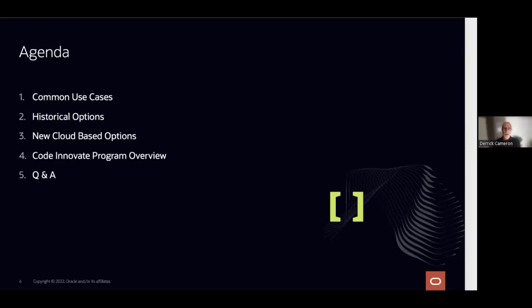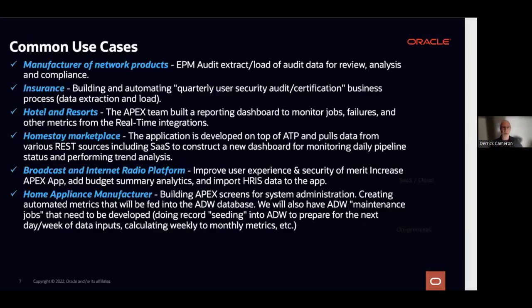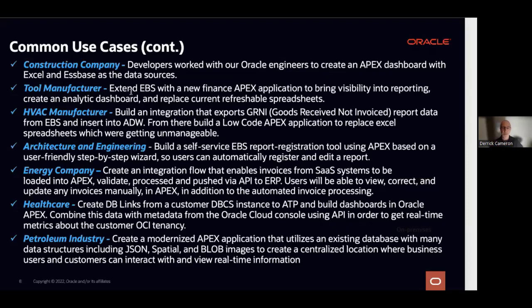So let's get started. I do have some use cases here. I realize I've got a lot of material, and so when you download the presentation, go take a look at the use cases here. We pulled them out of our Code Innovate repository. I counted around 55 we've done in the last couple of years that involve Autonomous Database and other services, things like working with and extending EBS, things like interchanging data with EPM, and many of them involve customers that have spreadsheet applications that want to move to the cloud, but still need to maintain some of that data in spreadsheets.